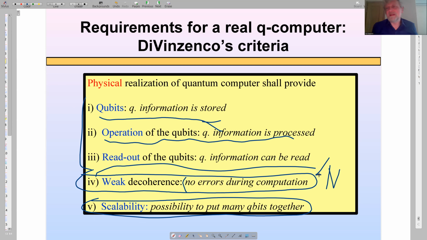So in this case, it's better to perform quantum processing as fast as possible. However, we cannot do it very fast, because the representation of the qubit doesn't work if you go too fast.